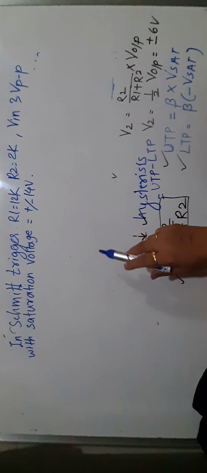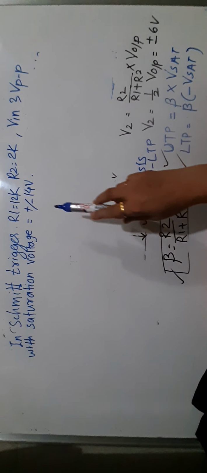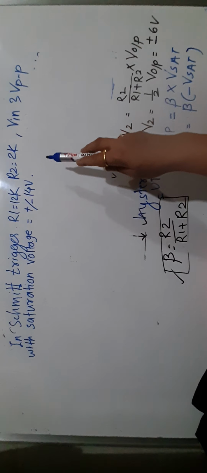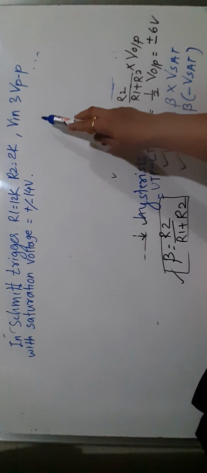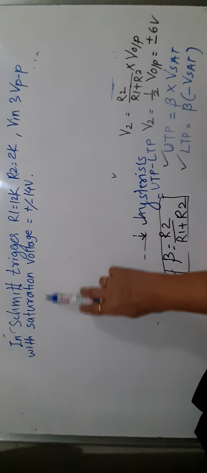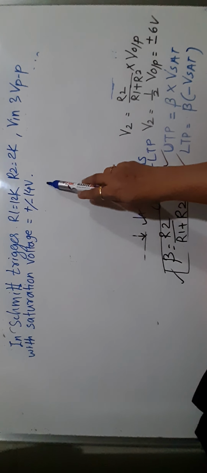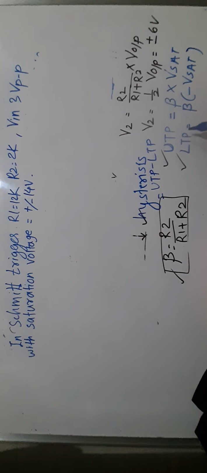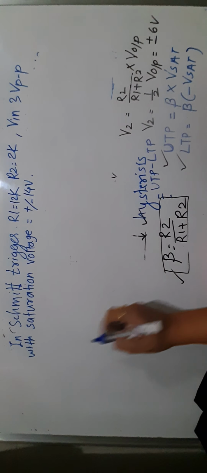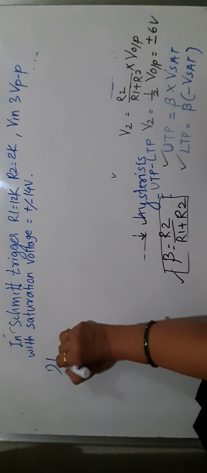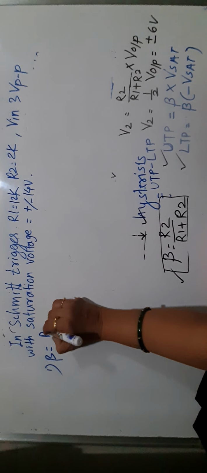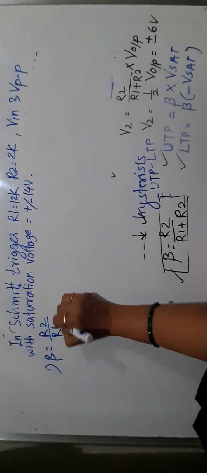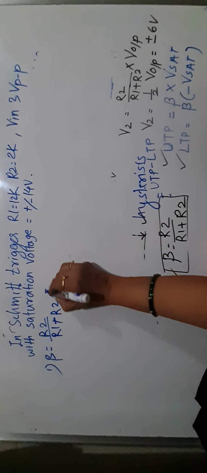So let's see a numerical. In a Schmitt trigger, R1 equal to 12K, R2 2K, Vin 3 volt peak to peak, with saturation voltage plus minus 14 volt, and it is asked to calculate UTP, LTP, feedback fraction and hysteresis. Let's first calculate the feedback fraction. Beta equal to R2 upon R1 plus R2.